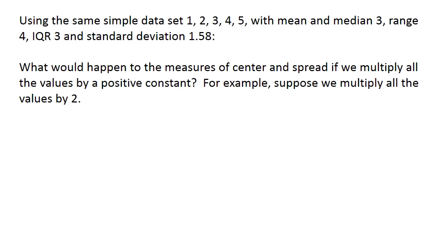Using that same simple data set, let's see what would happen if we multiply all the values by a positive constant. So in other words, our data set would now be 2, 4, 6, 8, 10. We can now see that the median and the x bar are both 6.